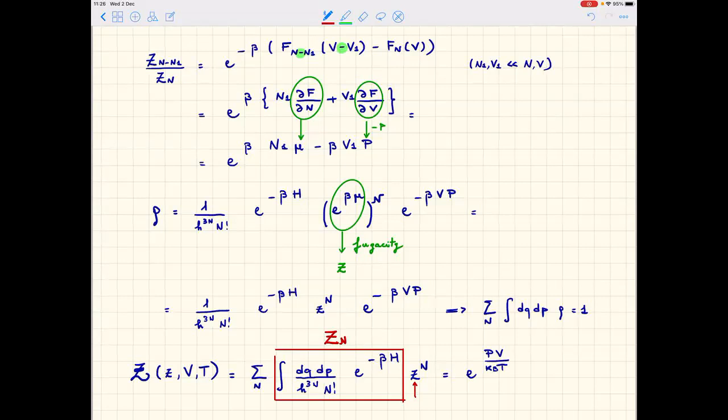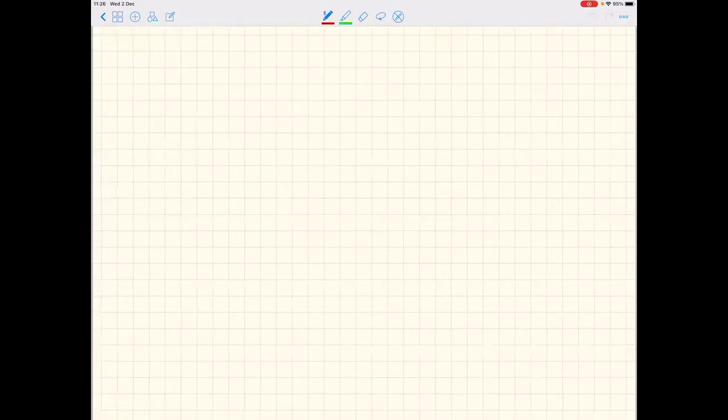It is a good idea because if you are able to compute the grand canonical partition function, then the log of Z is equal to PV over KBT.